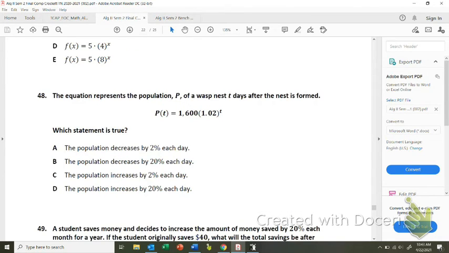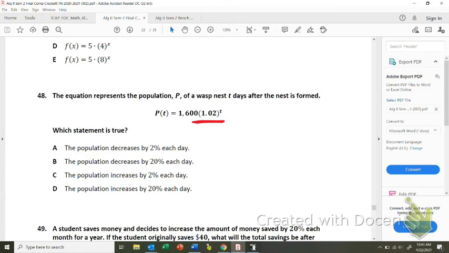All right, number 48. It's asking which statement is true. If you notice, A, B, C, and D are kind of similar. However, they have different terms. A and B say decrease, C and D say increase. Look at your rate. That rate is greater than 1.